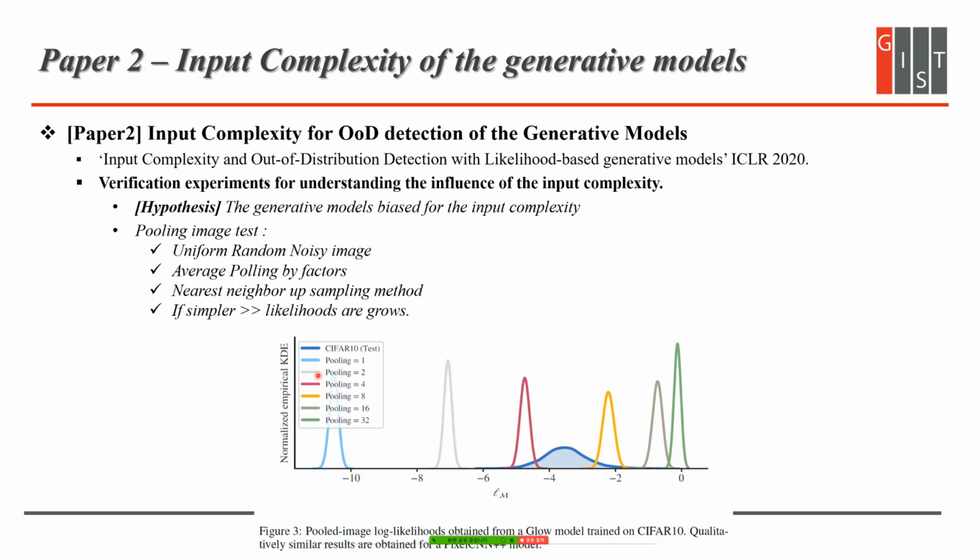First they make a uniform random noise image with the same size as the training dataset input, and after that average pooling is applied and nearest neighbor upsampling is applied. By doing that, the pooling factor is different from 1 to 32, and this left one shows just one color, the gray color, in the input image.